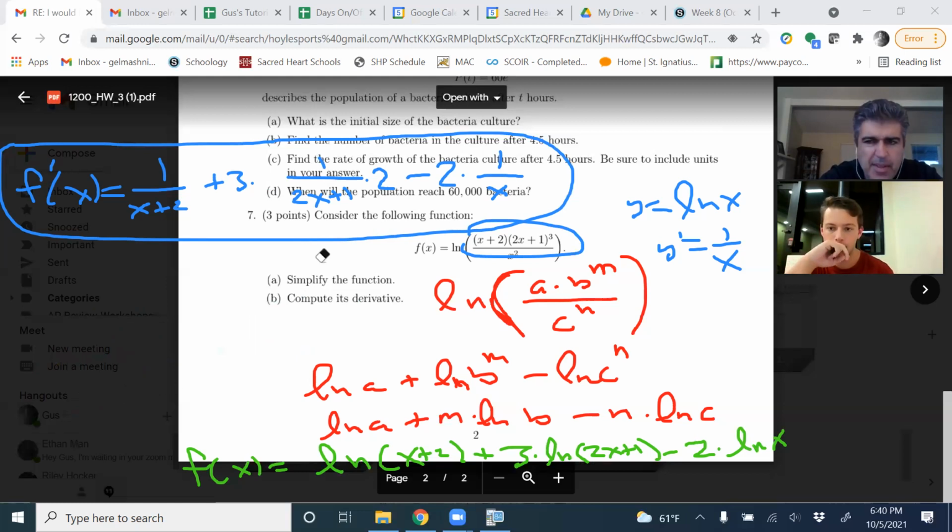How do you guys simplify it? Like, how do you guys do part A then? I'm curious. Yeah, so we start with log of x over y equals log of x minus log of y. And then that turned into x plus 2 in parentheses, and then another parentheses, 2x plus 2.